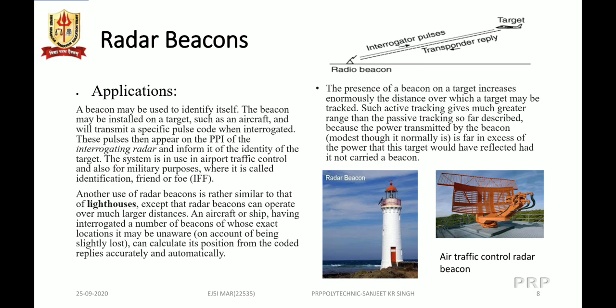The presence of a beacon on a target increases enormously the distance over which a target may be tracked. Such active tracking gives much greater range than the passive tracking so far described, because the power transmitted by the beacon, modest though it normally is, is far in excess of the power that the target would have reflected had it not carried a beacon.